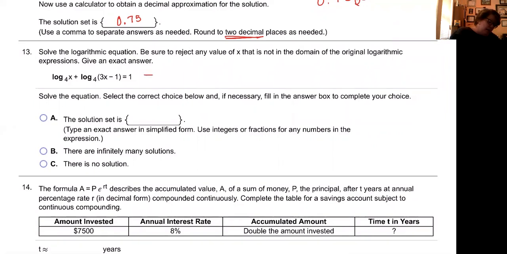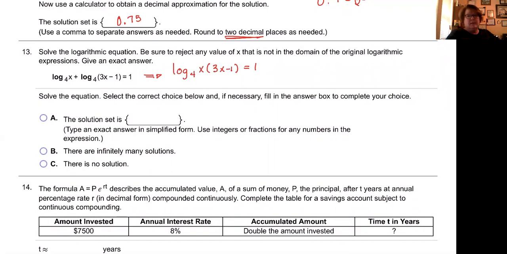So I can write this as the log base 4 of x times 3x minus 1 equals 1. So the sum of 2 logs I can write as the log of the product of those 2 things. Now I'm going to write this as an exponential, and this is where I see the mistake most commonly made, except for the mistake of not checking your answers, is not getting that base raised to the exponent.